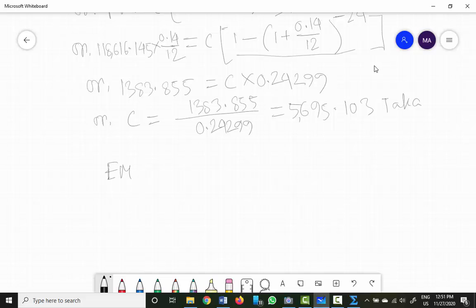So we can easily convert an annuity due problem to an ordinary annuity problem and solve it using the normal formula, right? So that's the end of today's lecture.